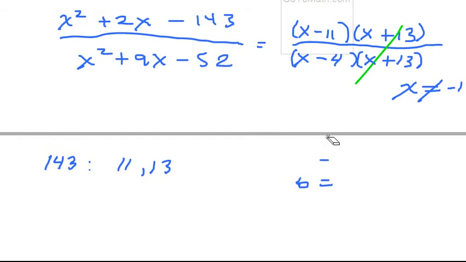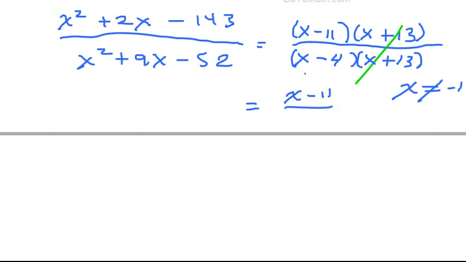Let's clear out some stuff here. But we'll talk about this later on when we start talking about functions and domain, things of that nature. But in this particular case, we're just talking about the mechanics of simplifying things down.